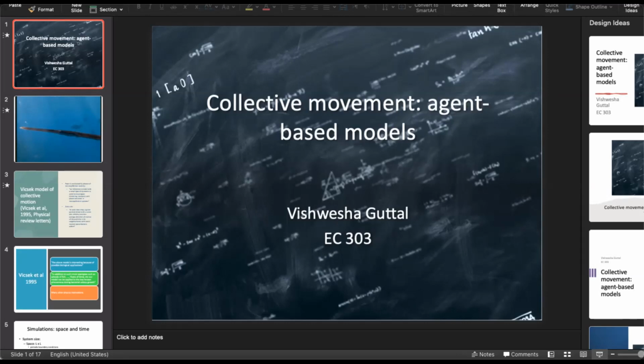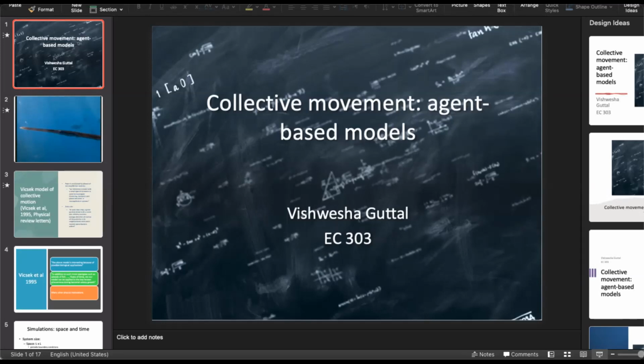For example, you may know the famous stampede that you saw in the Lion King movie. That actually used various principles of collective motion, although they did incorporate much more complex features than the one that you will see in class today.